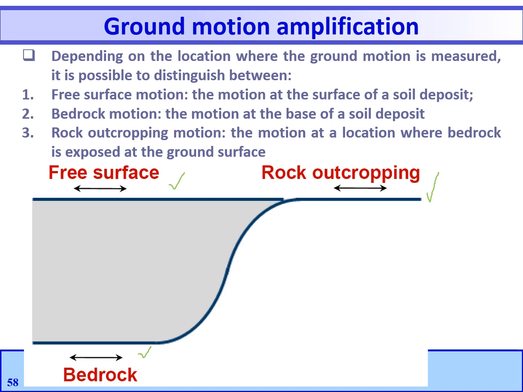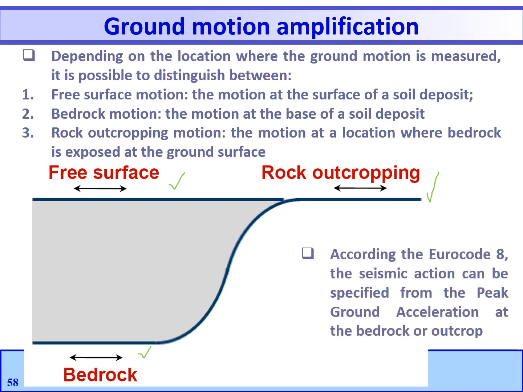Based on what we said regarding amplification, it is reasonable to see why Eurocode 8 suggests that the seismic action should be specified from the peak ground acceleration at the bedrock or outcrop.